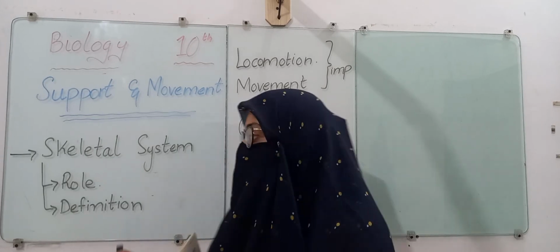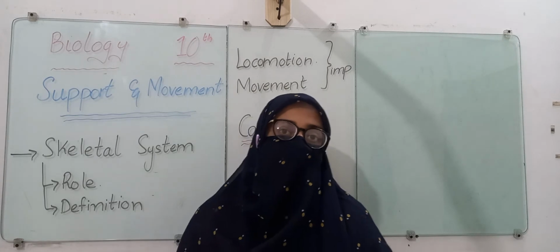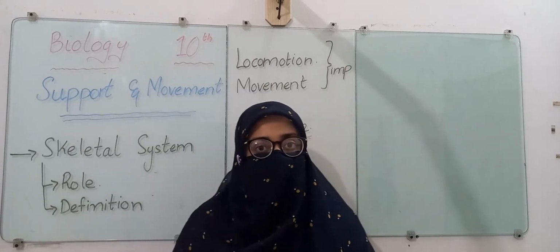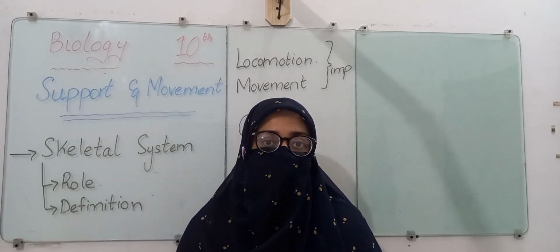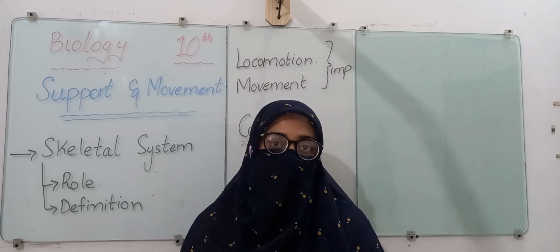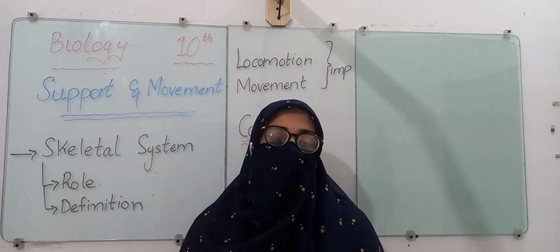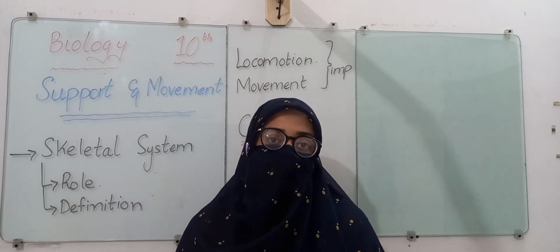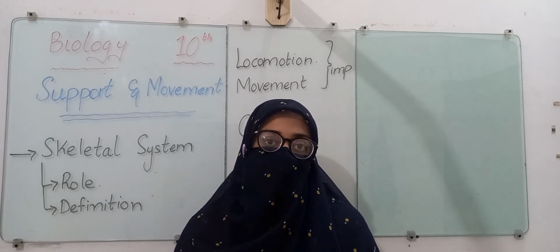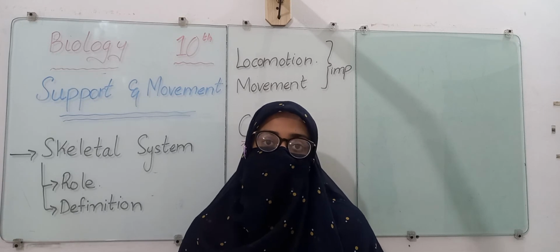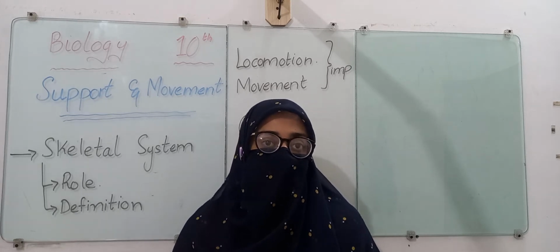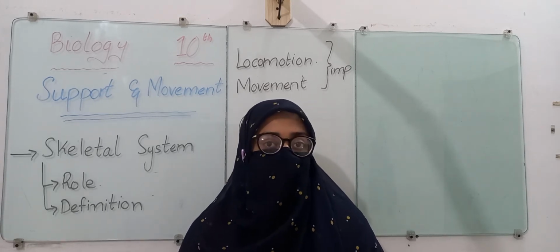So, first of all, we'll come to the definition of the skeletal system. The skeletal system is also known as a skeleton in biology, and it is a system that provides protection, support, and movement to the entire body of an organism. That organism may be an animal or a plant or a human being.